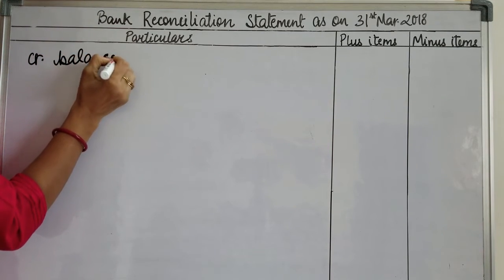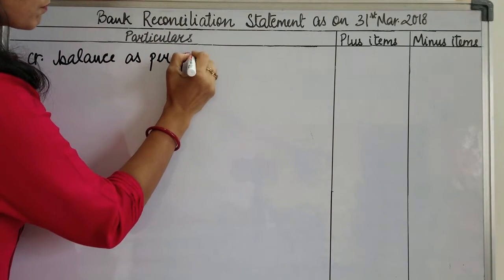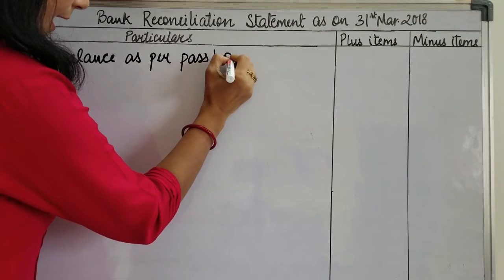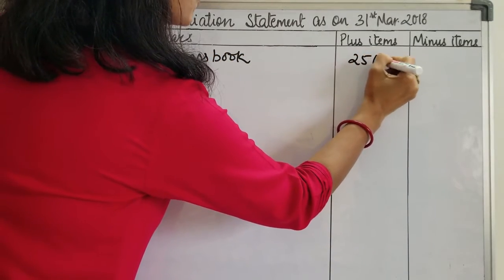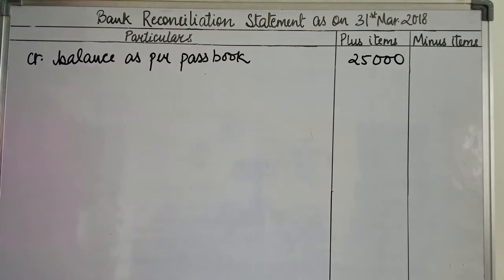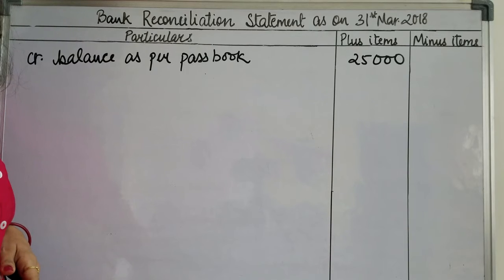So we'll write it as credit balance as per passbook, and the amount will go here in the plus items column, rupees 25,000.